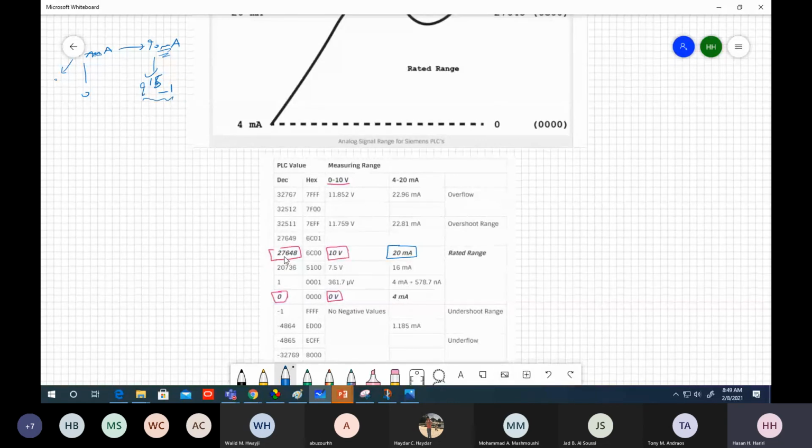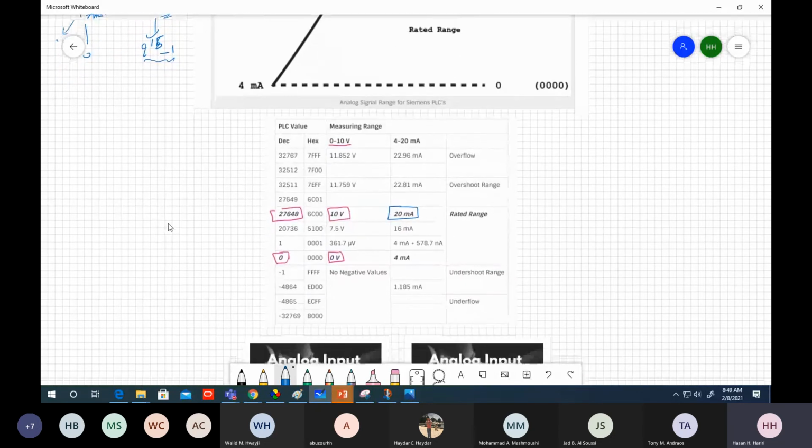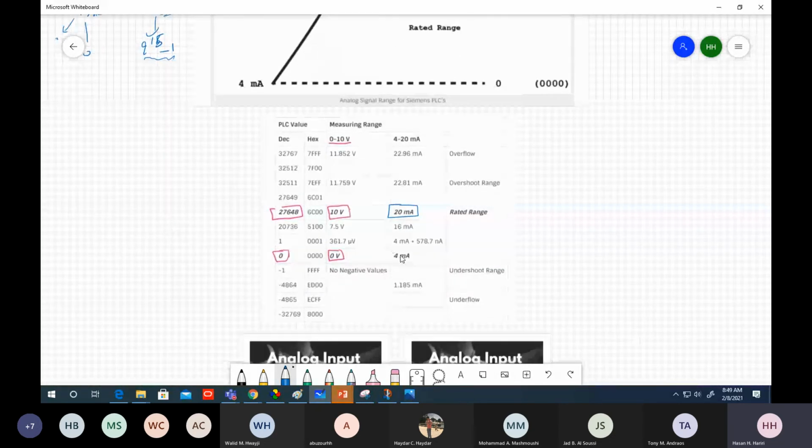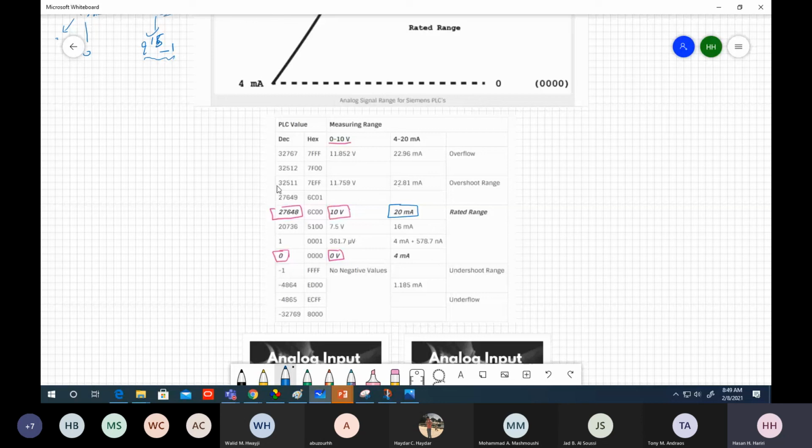So they assign this value. If it is less than 4 milliampere, or more than 20, like assuming it is 22 point something, they assign another value for it. If it is in this overshoot range, the overflow range, they assign 32767, which we were talking about, 2 to the power 15 minus 1.